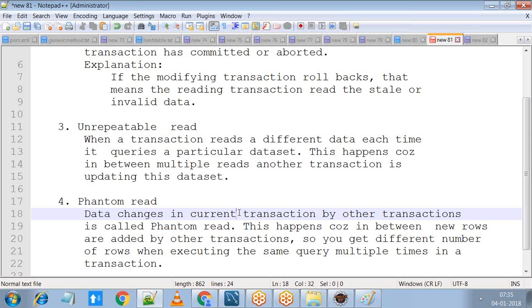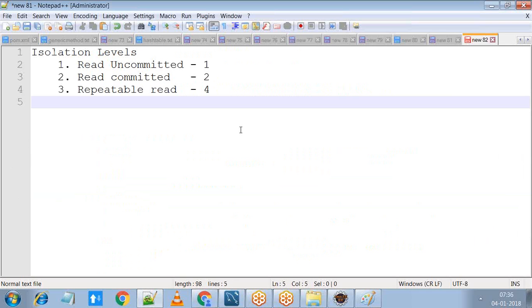In this case, you see, we can actually address this phantom read issue using the serializable isolation level.